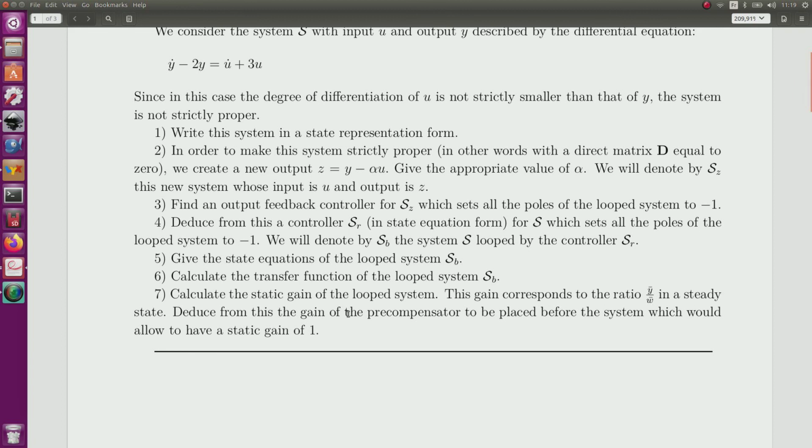So it means that if I fix w to a constant value w bar, since the system is stable, y will converge to y bar, and this ratio may be different from 1. In practice, what I want is to have y bar equal w bar, and for this we have to add a precompensator in front of the system so that the static gain will be equal to 1.